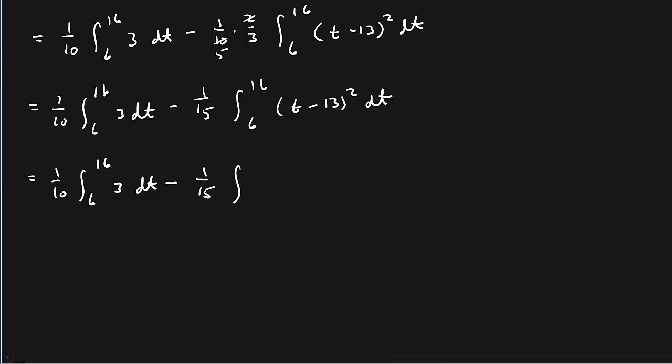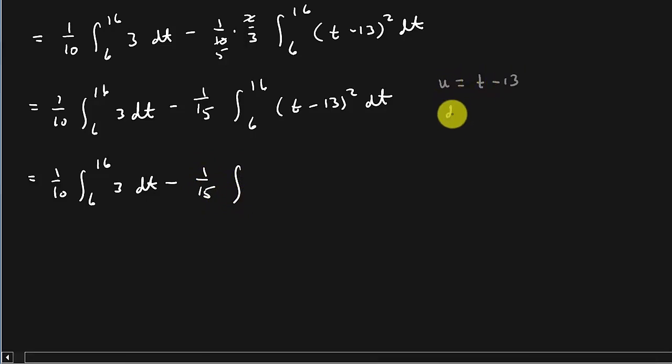Now here I'm going to do the u-substitution. So u equals t minus 13, du is dt. So that's just a direct substitution. That's just u squared du.